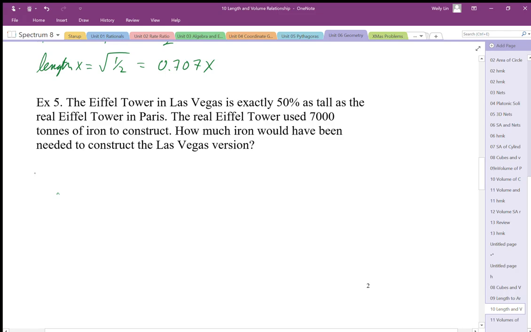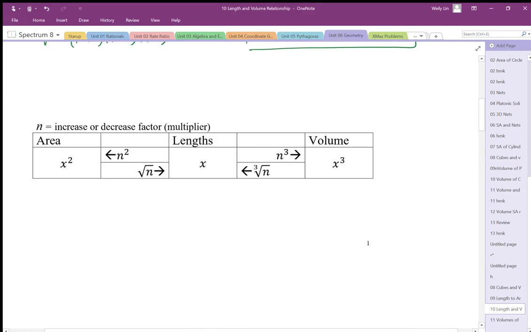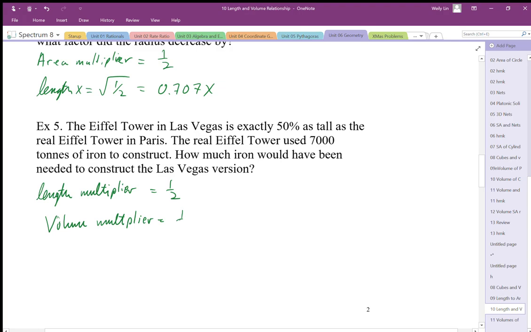So if my length multiplier is 1/2, what is my volume multiplier? Well, if I go back to my chart again, length multiplier to volume, I have to cube it. So I'm going to take that 1/2 and cube it. And I'm going to have exactly 1/8 the volume.